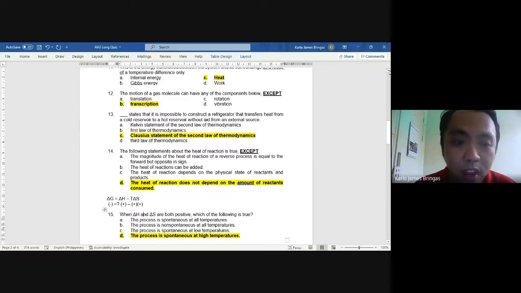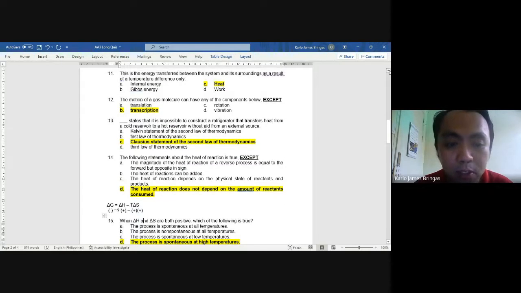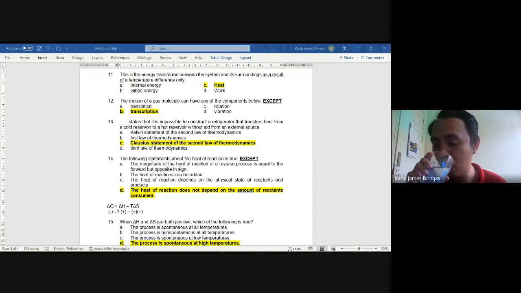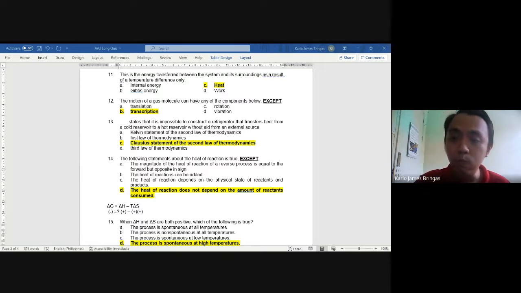So that's numbers 11 to 15, the multiple choice. At this point, let me check in on you guys. Any questions regarding this one? Numbers 11 to 15? Any parts that you'd like me to clarify?